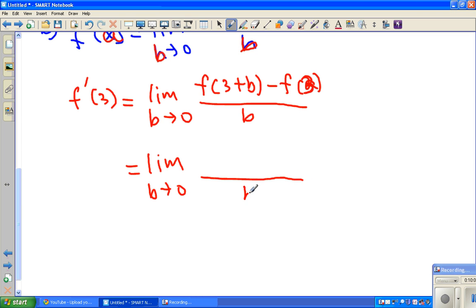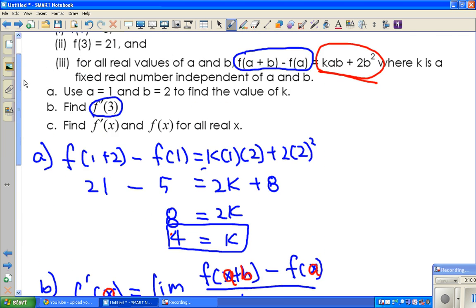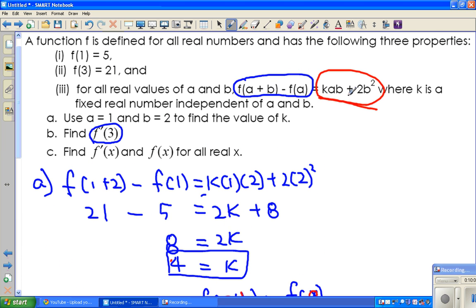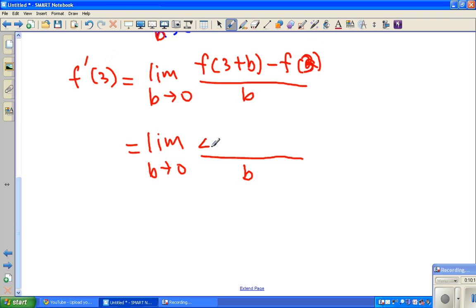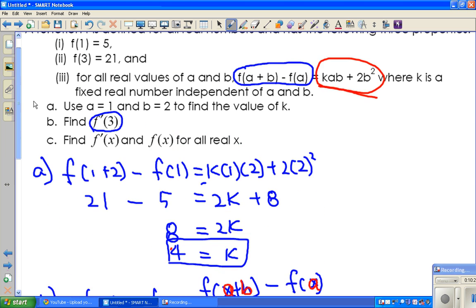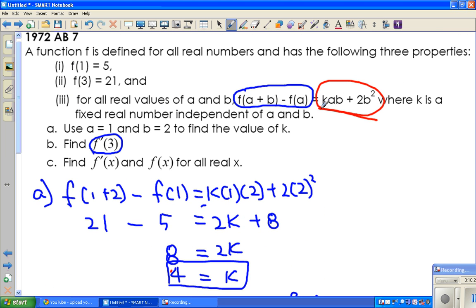The bottom one is still b, but the upper portion now becomes kab, but remember k was 4, and then a is equal to 3, then we get 4 times 3 times b, which is k times a times b, and plus 2b squared.